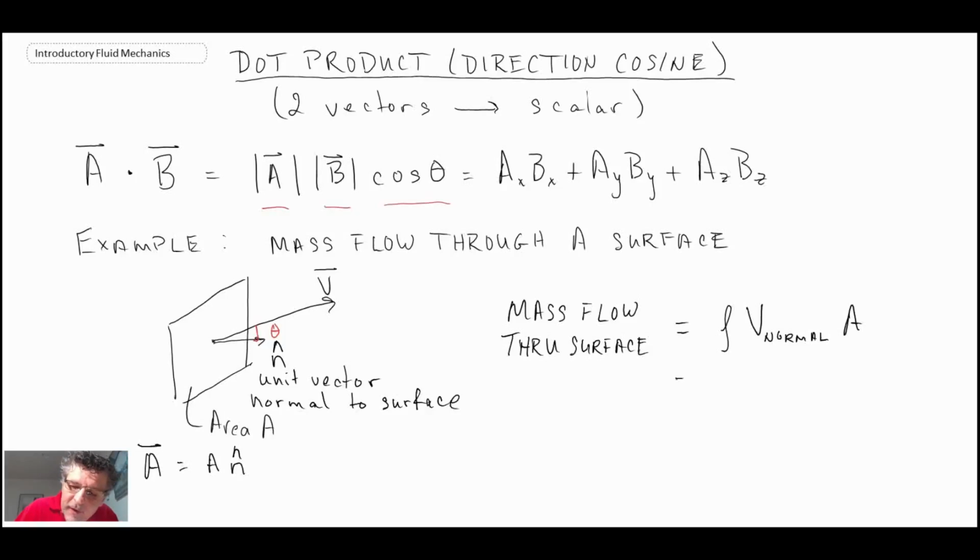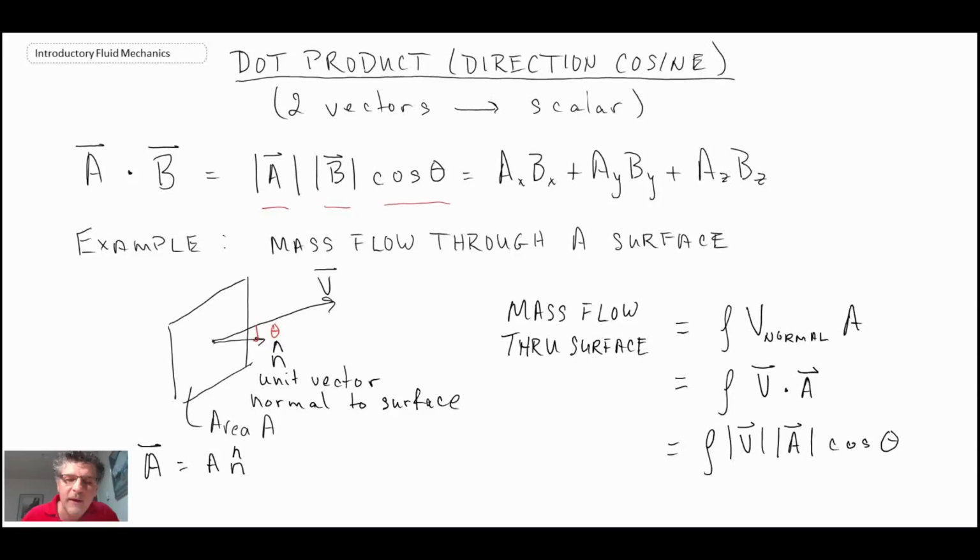Now we can express this in terms of the dot product by writing it out in the following manner. That would then be equivalent to rho times V dot A, and expanding that using the definition that we provided for the dot product, it would be like that.